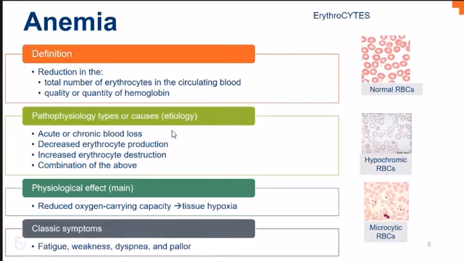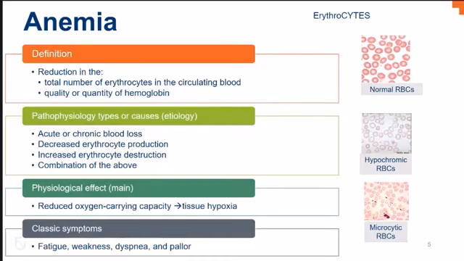Or some people can have a combination of the above variables. Now, the main physiological alteration of anemia is going to be this reduced oxygen carrying capacity and therefore tissue hypoxia. So if we don't have enough red blood cells, or if we have something wrong with our hemoglobin and we can't carry enough oxygen to our body, that being that 1 billion oxygen molecules per red blood cell, and there are tons circulating throughout the body at any given time.